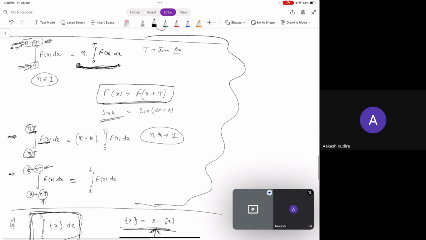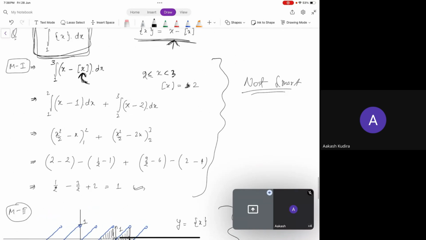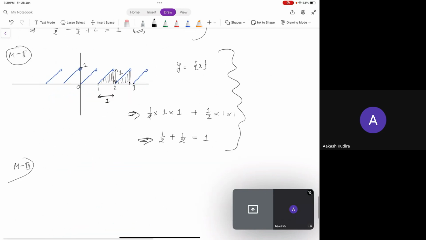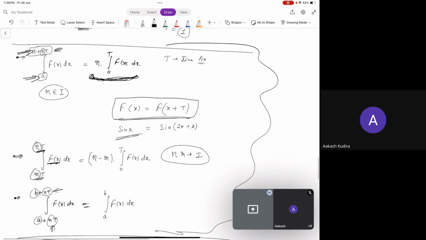Method 1 is purely doing mathematics as you do in board exams, and this method is the graphical method, a very good method. Now I will use the properties.